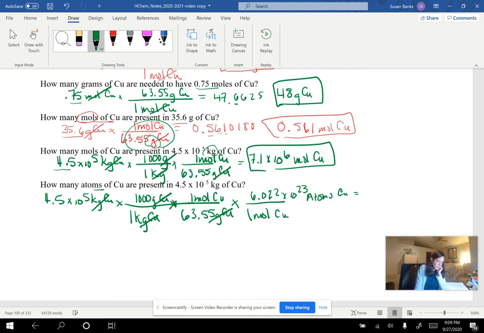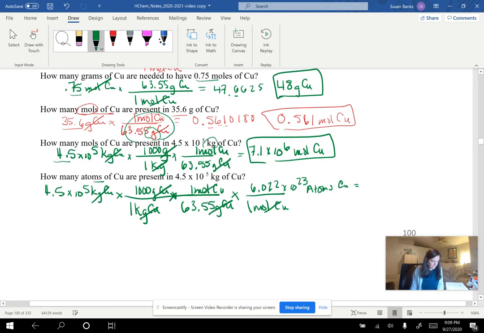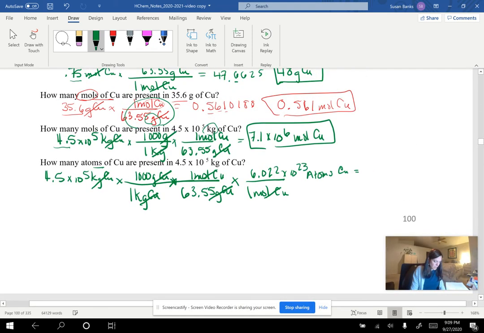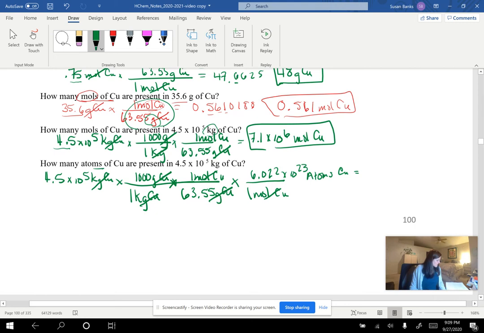Okay, so my moles cancel. I now have atoms of copper, which is what I want. So we're going to take 4.5 times 10 to the 5th multiplied by 1,000 divided by 63.55 multiplied by Avogadro's number here. Notice I have 2 sig figs here.